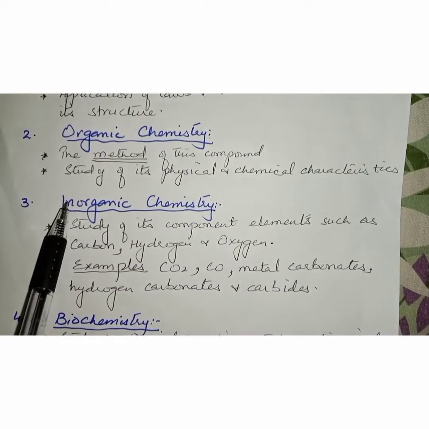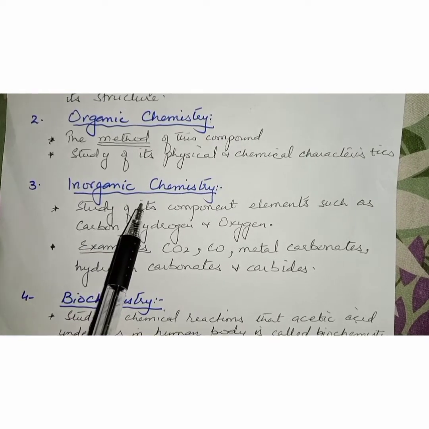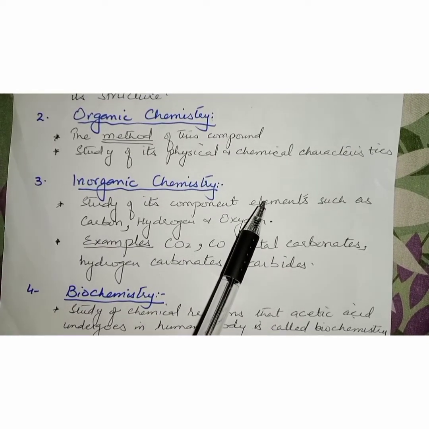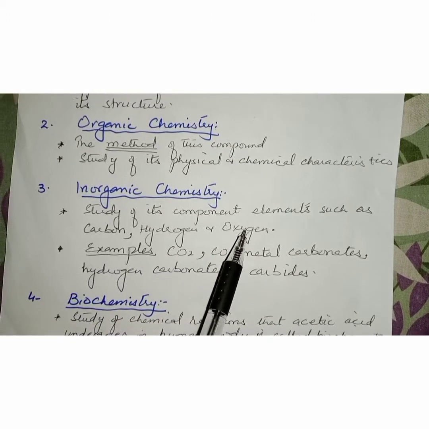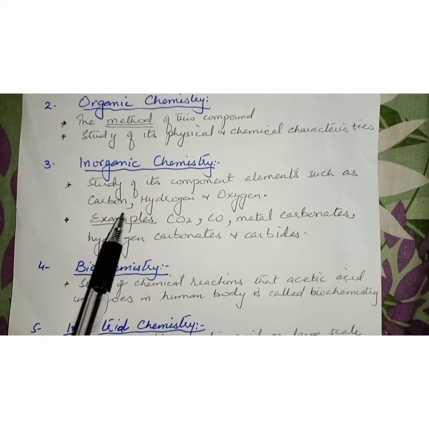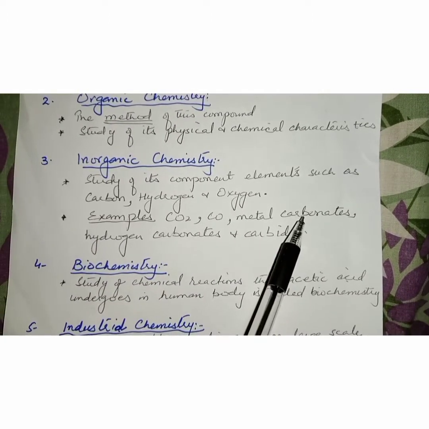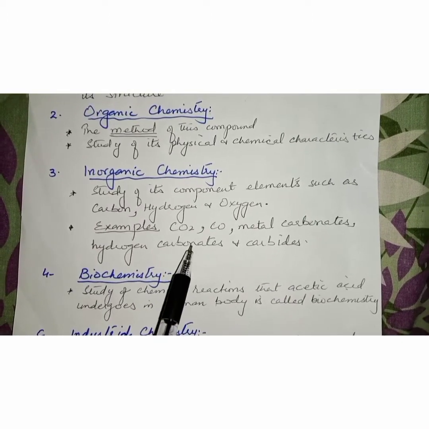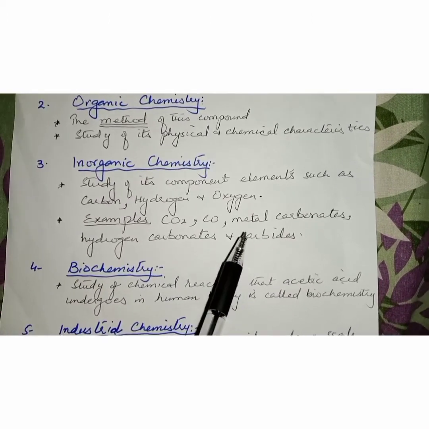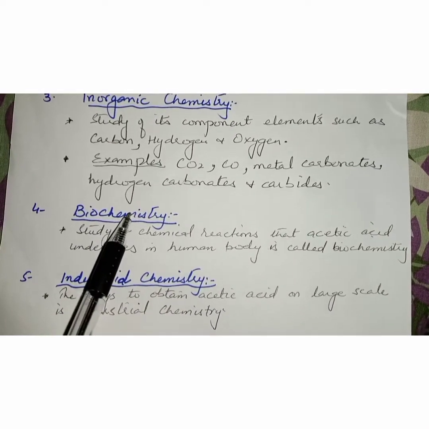The third branch is inorganic chemistry. Study of its component elements such as carbon, hydrogen and oxygen. The examples include carbon dioxide, carbon monoxide, metal carbonates, hydrogen carbonates and carbides. The fourth branch is biochemistry.